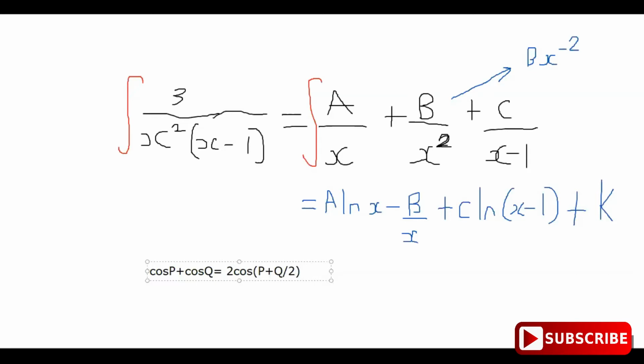That's twice the cos of half the sum times the cosine of half the difference. So you have to remember this formula, and if you choose not to remember it, you can go back to the formula sheet.